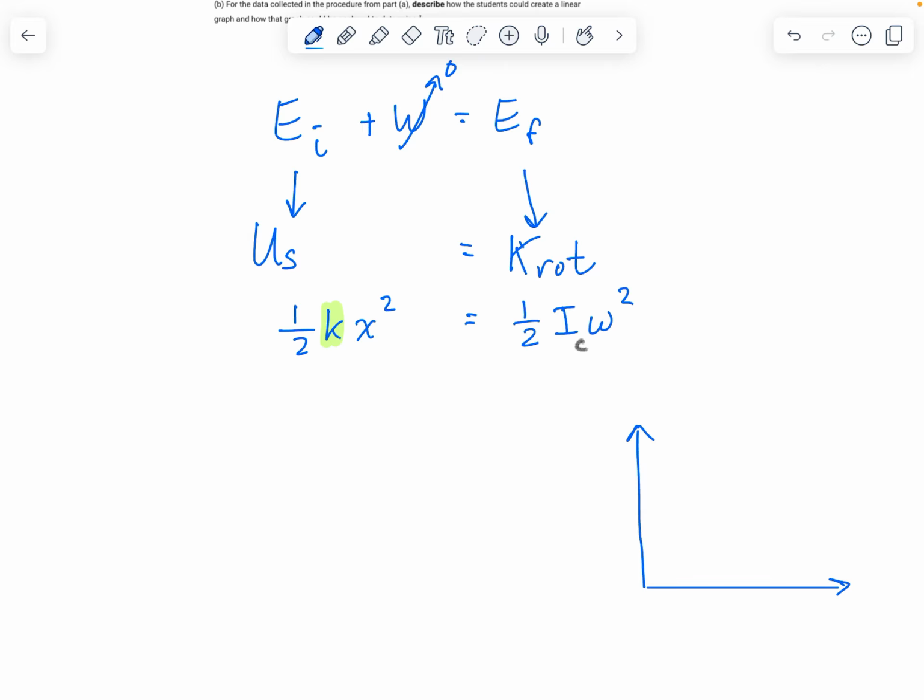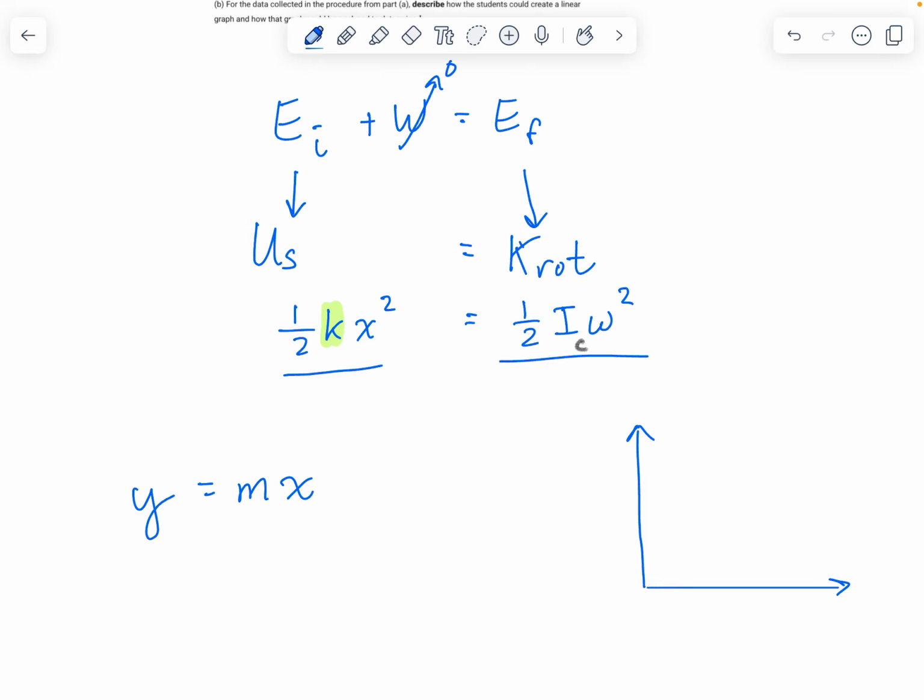Well, what we need is something in the form of y equals mx plus b. We don't see any plus signs in our equation, so it's probably just going to be y equals mx. We're probably not even going to have that. So then we have to say, what can we graph on the y-axis, and what can we graph on the x-axis?